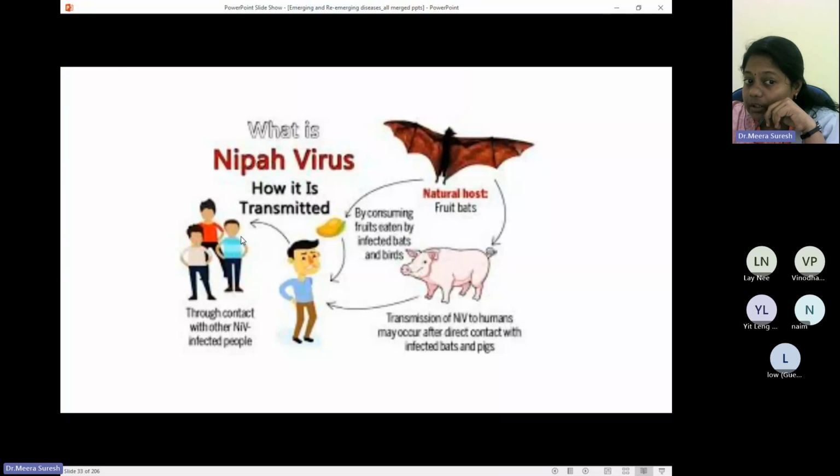And when it happened in Malaysia, it also happened in Singapore. And nowadays, I think what I read in a book is that every 1 to 2 years, 1 or 2 cases of Nipah come.